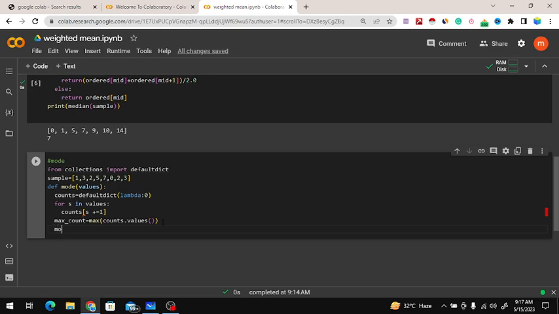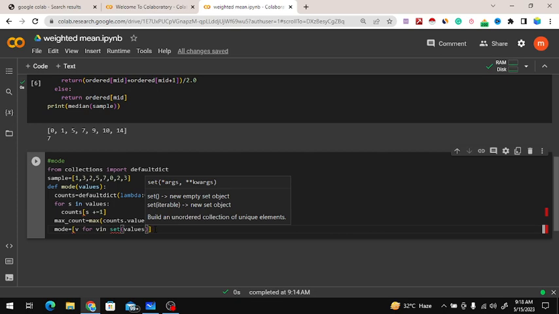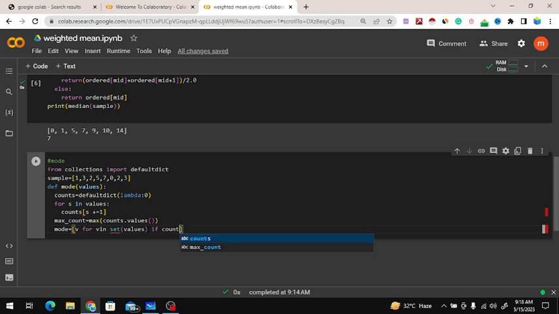Then we create the mode. Modes should be equal to a list, and we write v for v in values if counts of v should be equal to max count.